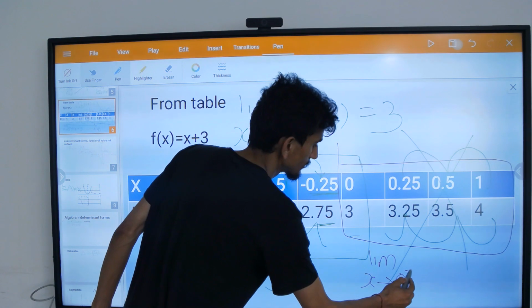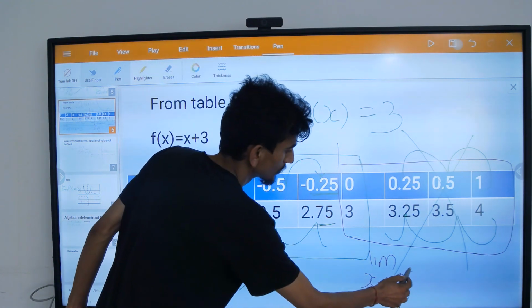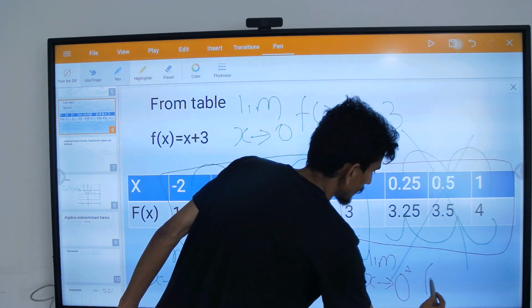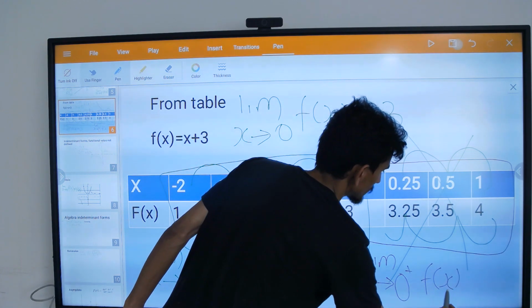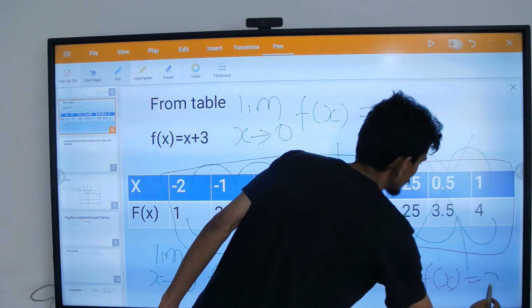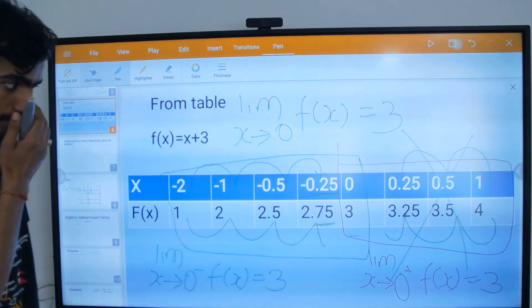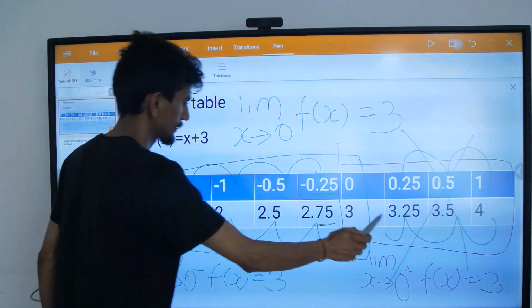So we should write 0 plus, f(x) equals 3. So this is the left hand limit, this is the right hand limit.